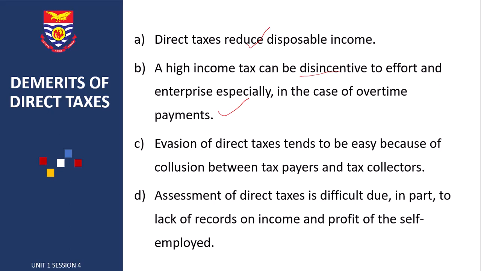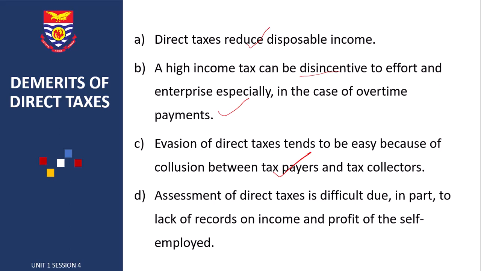Evasion of direct taxes tends to be easy because of collusion between taxpayers and tax collectors. So it's very easy to evade tax. Evasion is an illegal way of reducing your tax liability. So you plan with the tax collector, pay a certain percentage lower than what you are supposed to pay.